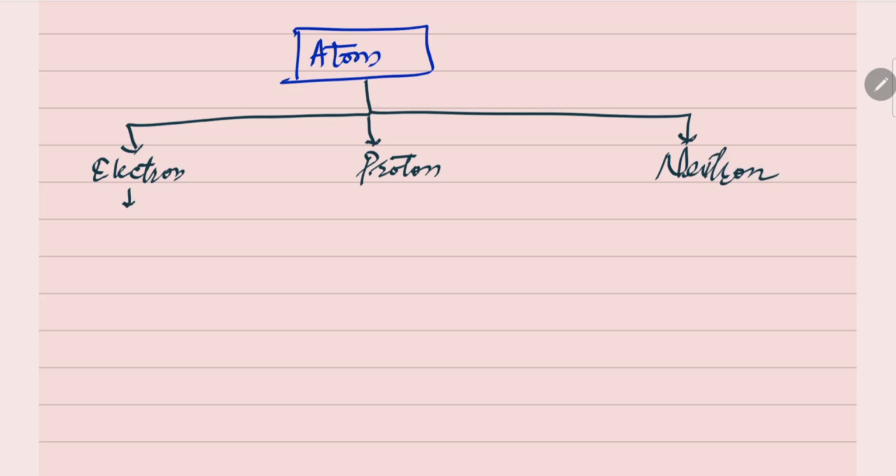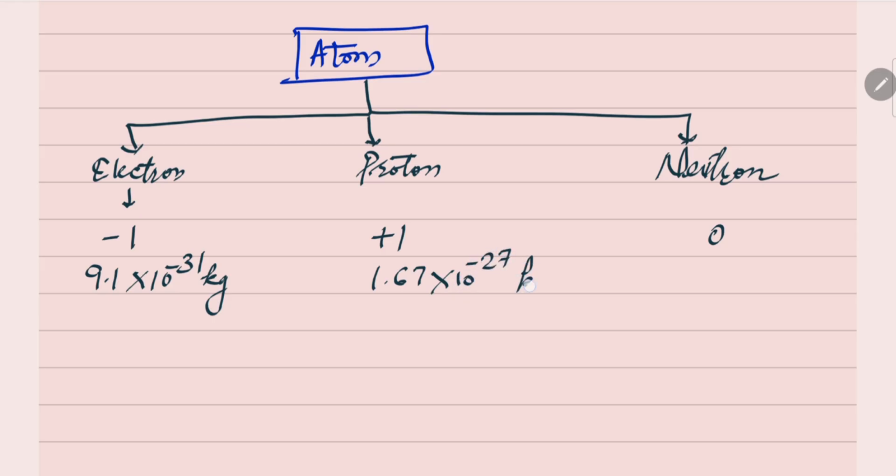We got to know a few things. The electron has one negative charge, protons have one positive charge, and neutron has 0 charge. The mass of electron is 9.1 into 10 to the power negative 31 kilogram. Proton is 1.67 into 10 raised to power negative 27 kilogram.